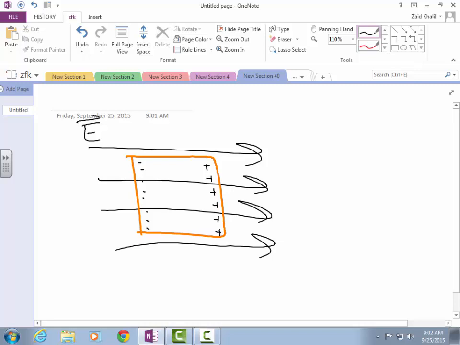Since the electrons are free to move, these are going to continue moving until what point? Until they stop, and where are they going to stop? When the net electric field is 0.